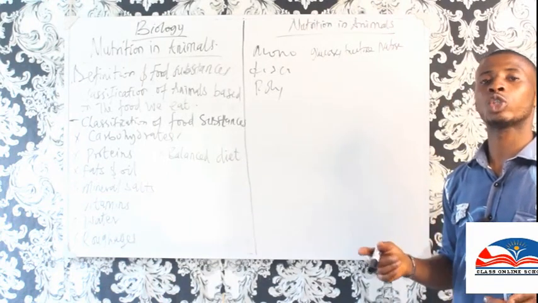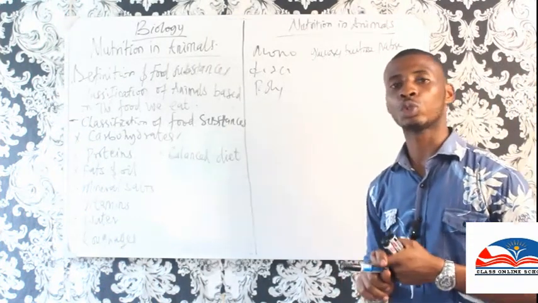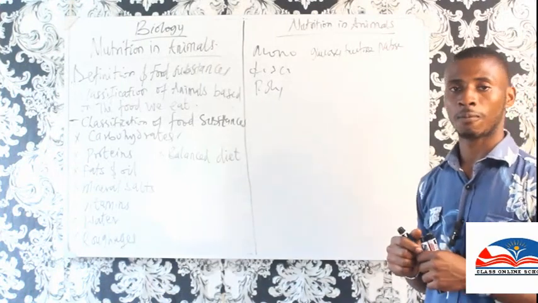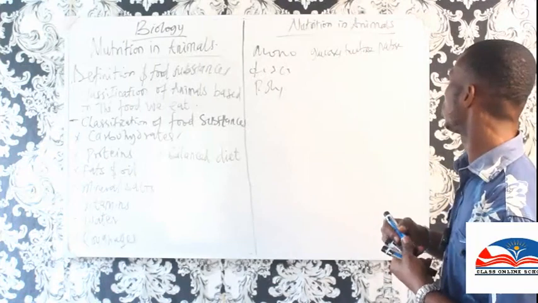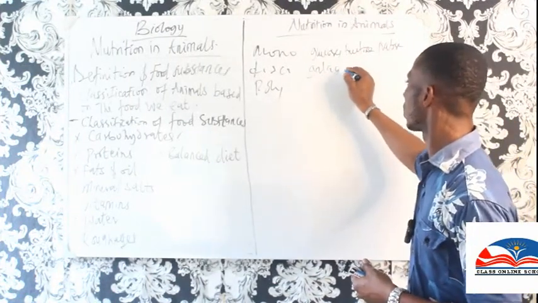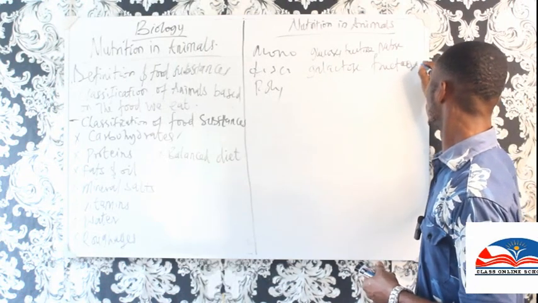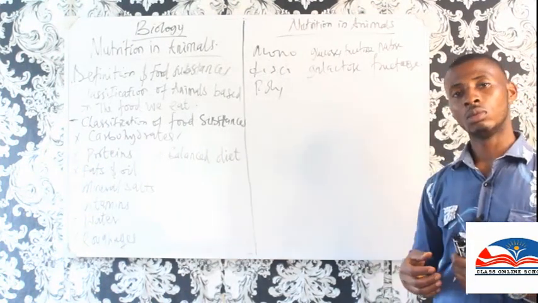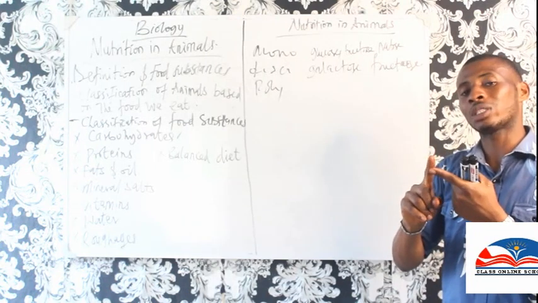Now, we have disaccharides. Disaccharides are a combination of 2 simple sugars, or 2 monosaccharides, forming a particular sugar. We have them as fructose, galactose.